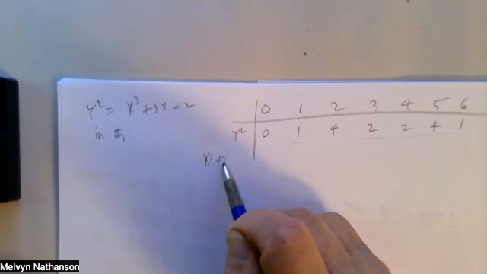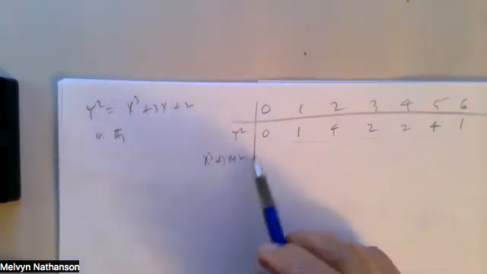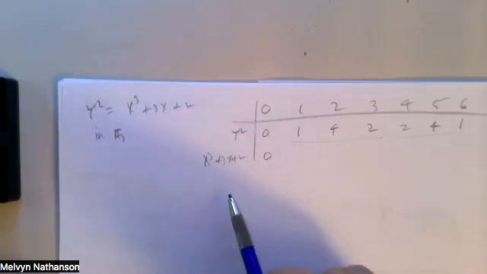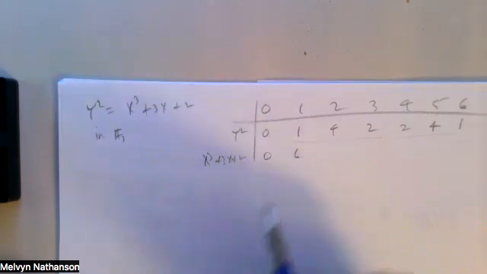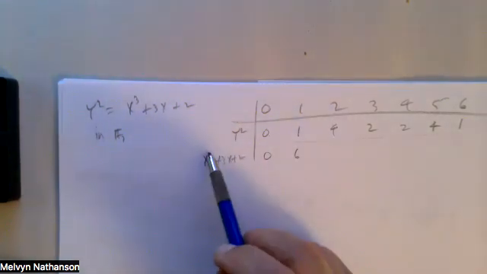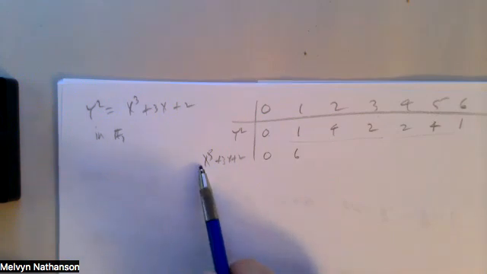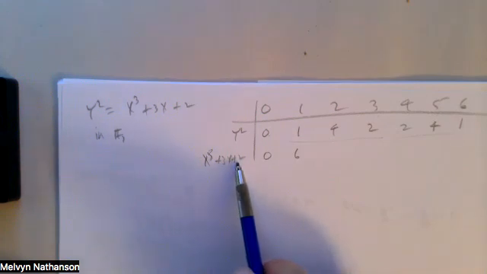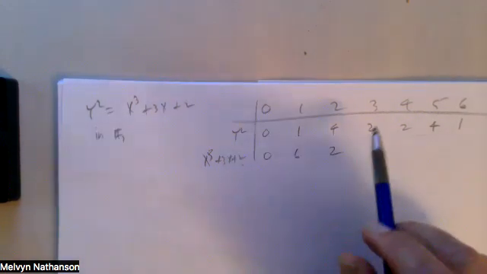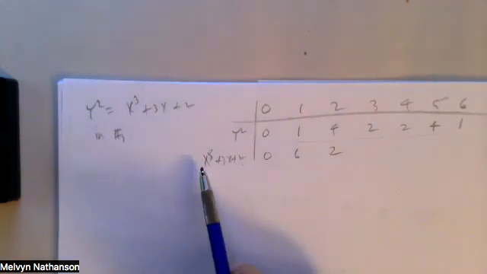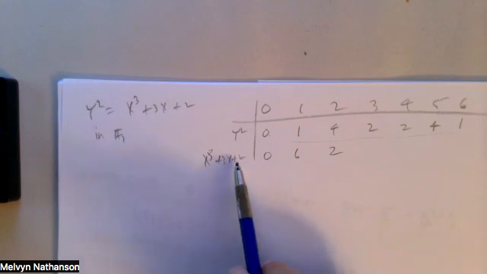And what is x cubed plus 3x plus 2? When x is 0, it's 2. When x is 1, it's 1 plus 3 plus 2, which is 6. When x is 2, it's 8 plus 6 is 14, plus 2 is 16. Mod 7, 16 is 2. What about when x is 3? 27 plus 9 is 36, plus 2 is 38. Mod 7, that's 3.